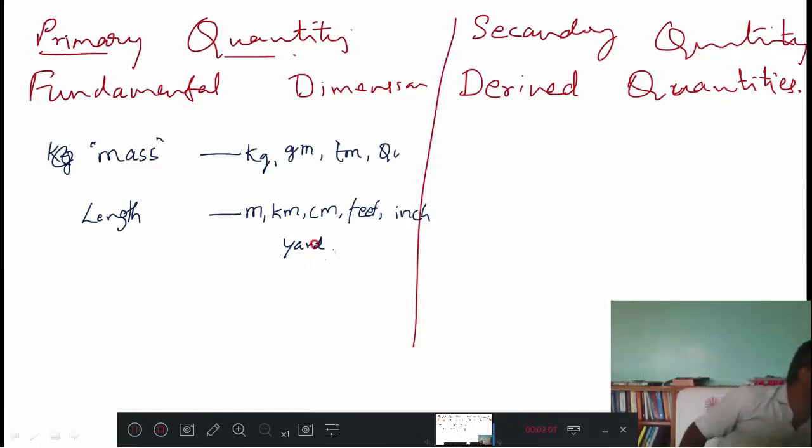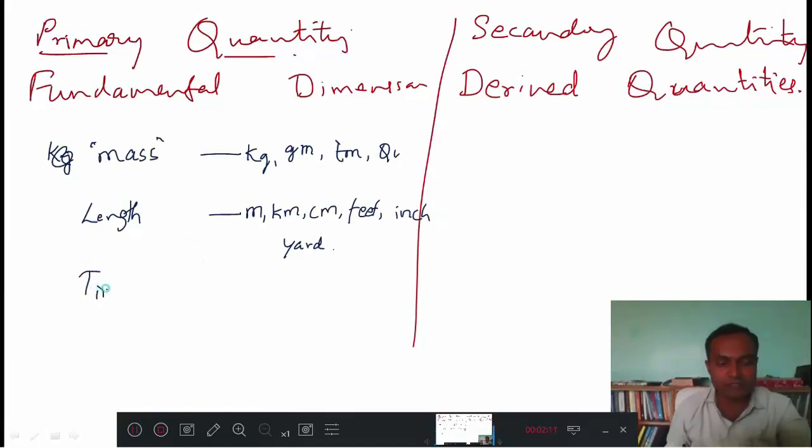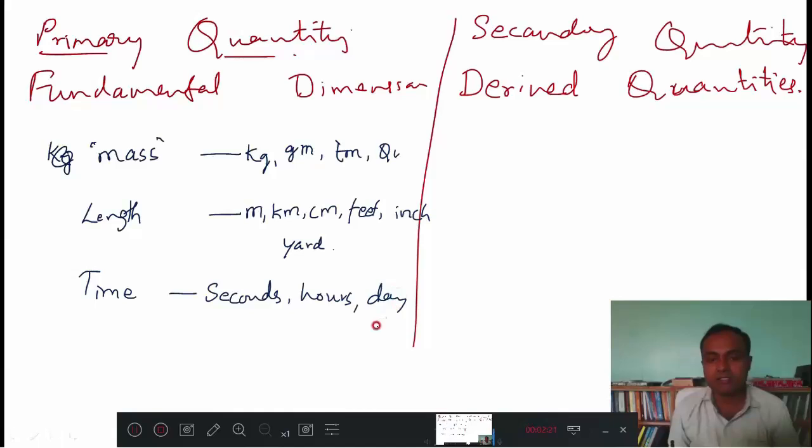It can be measured in many forms. Now we have another very fundamental parameter, that is time. Time can be measured in terms of seconds or hours, days, years, decades.